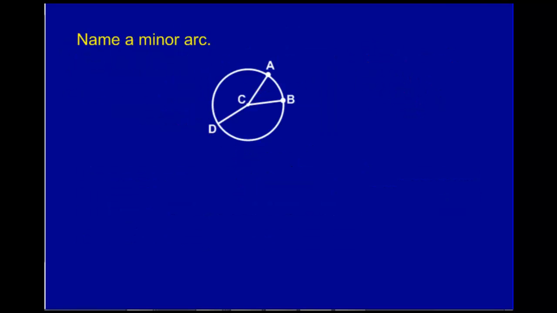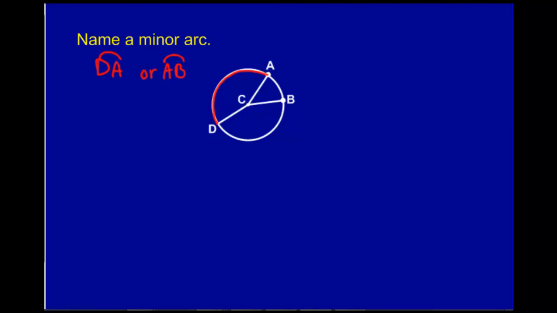So in this case, name a minor arc. Now again, here we have a couple different minor arcs. One of those could be arc DA. Or maybe we want to use AB. We could call it arc AB.